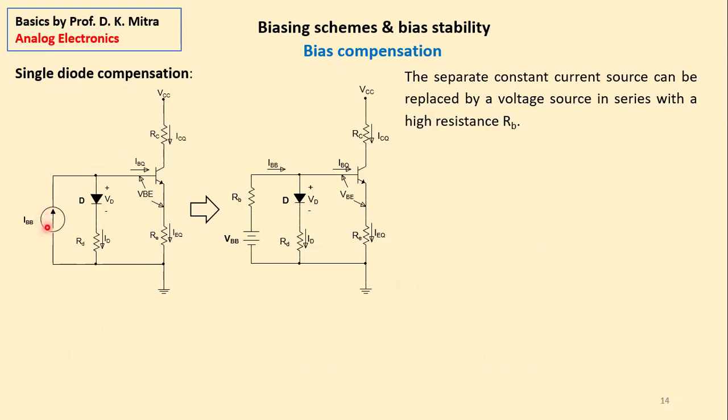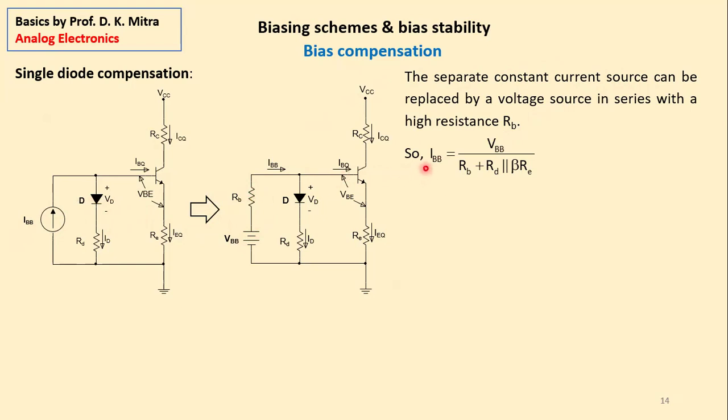Now, this current source we have to avoid because a current source is not very easily available or popular, and designing a current source is also pretty difficult. So this separate constant current source can be replaced. The Thevenin equivalent is VBB plus RB, a resistor in series, right? I think you have learned it even in school that this current source can be replaced by an equivalent voltage source and source resistance RB.